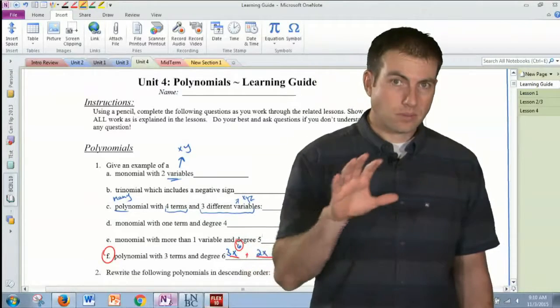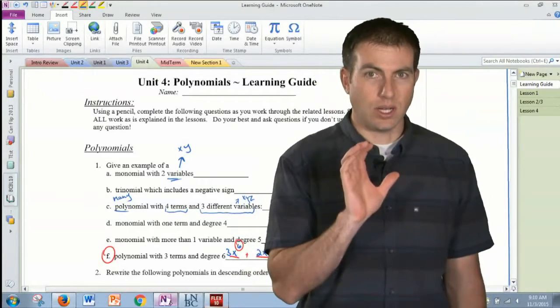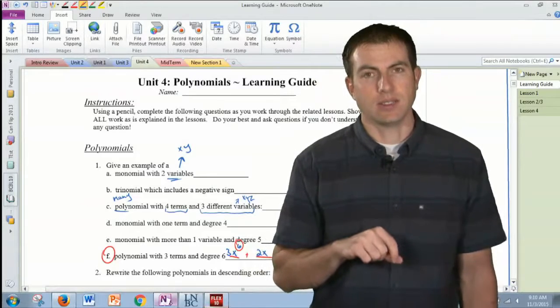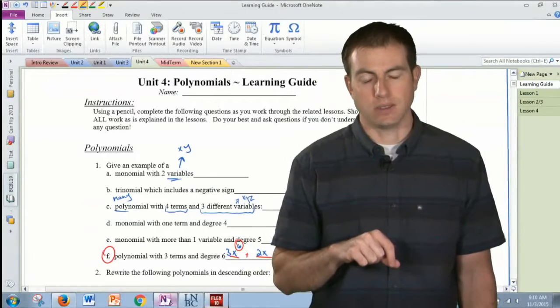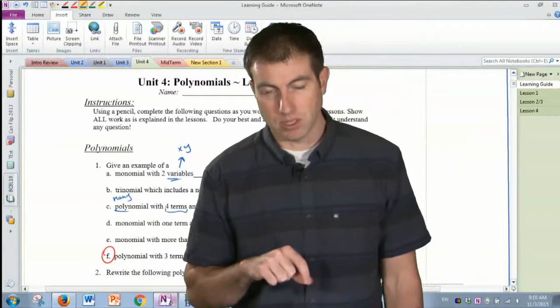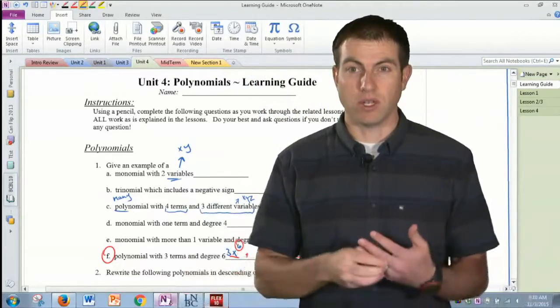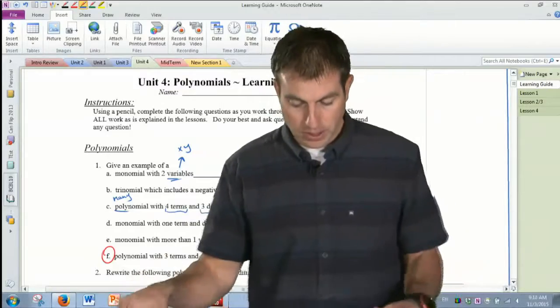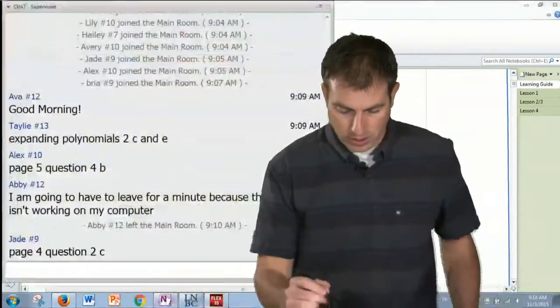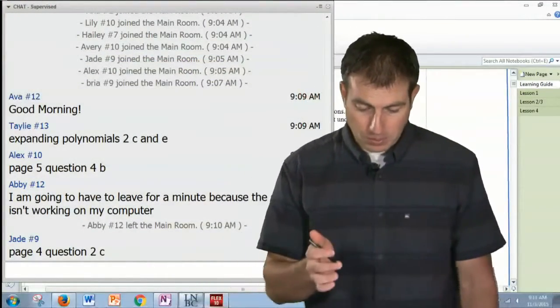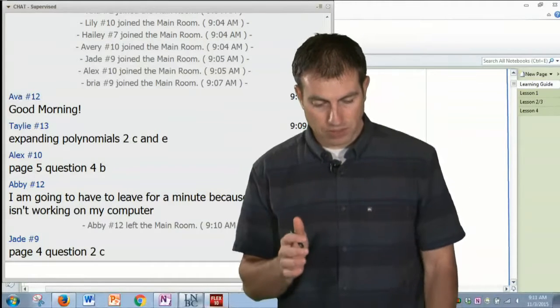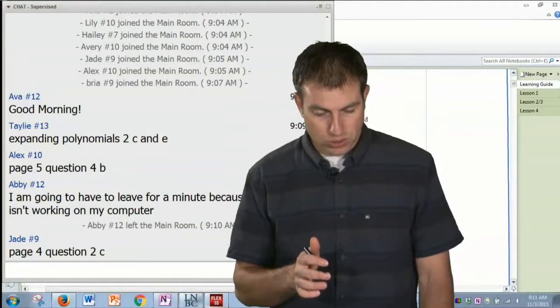And then once we get into Thursday's stuff, it gets a little bit more tricky. So definitely new stuff on Thursday, but that'll just be one new thing before the midterm and we should be good. All right, so we have a bunch of questions in here. Expanding polynomials 2C and E, page 5, 4B, and page 4, 2C.